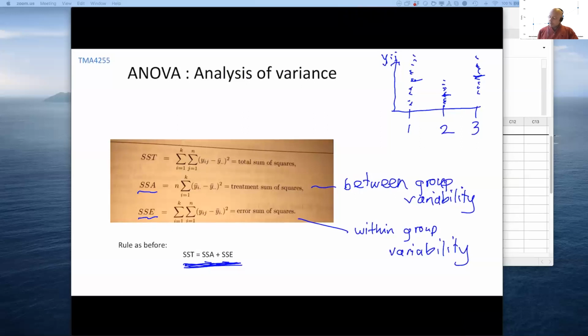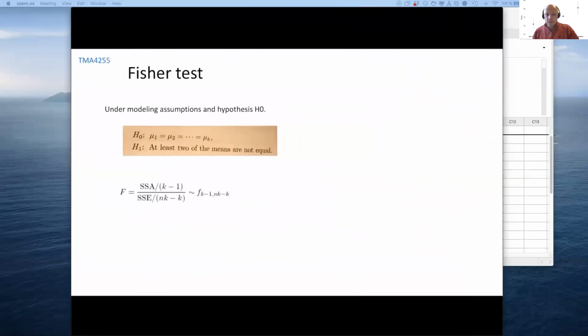And this can be formalized in a Fisher test or an F test, if you like, where we take this sum of squares, where we look at the variability between groups and then normalize it with its degree of freedom. And here we get k, which is the number of groups, minus 1, because we compensate for taking the grand average or comparing against the grand average.